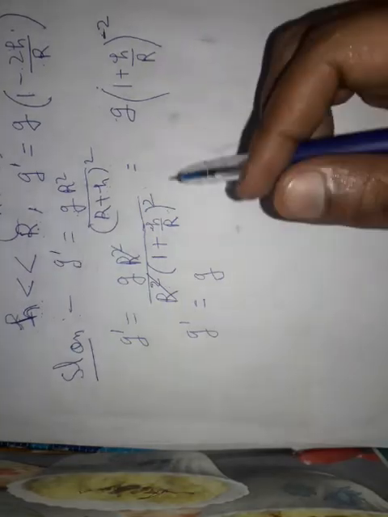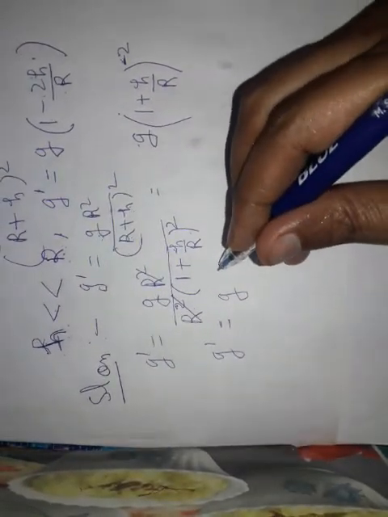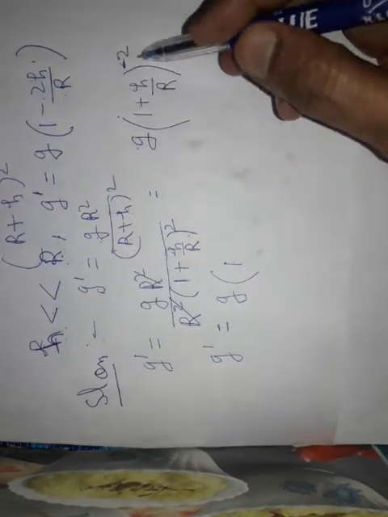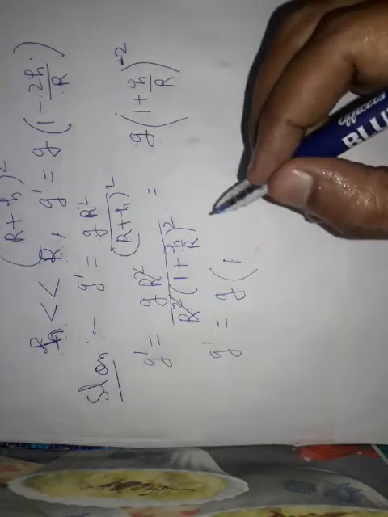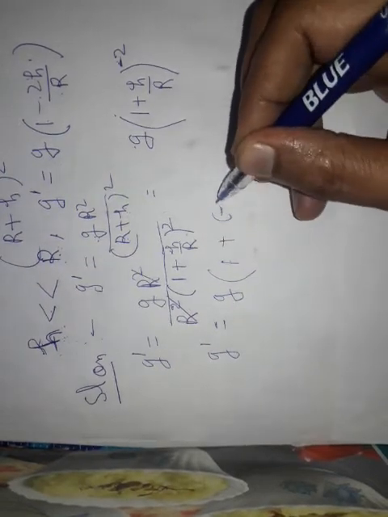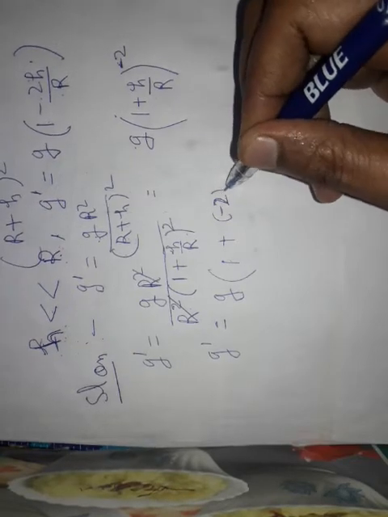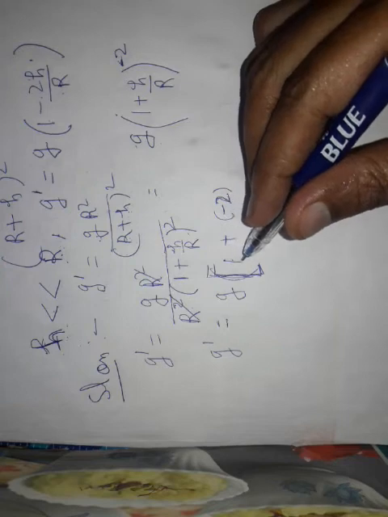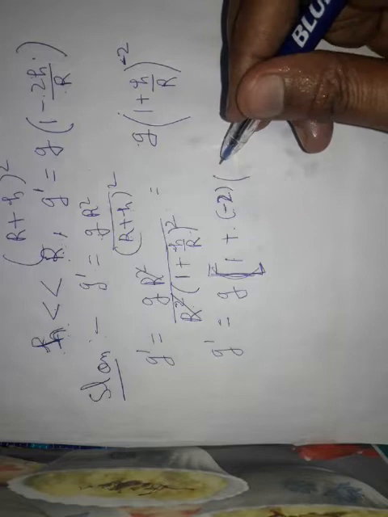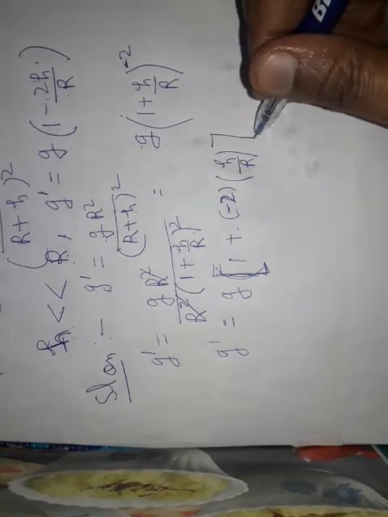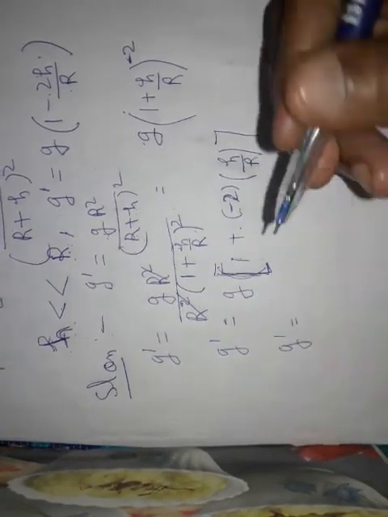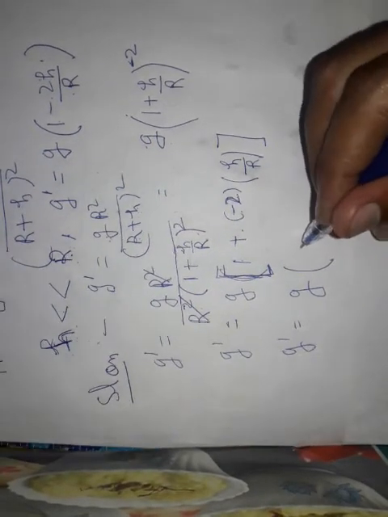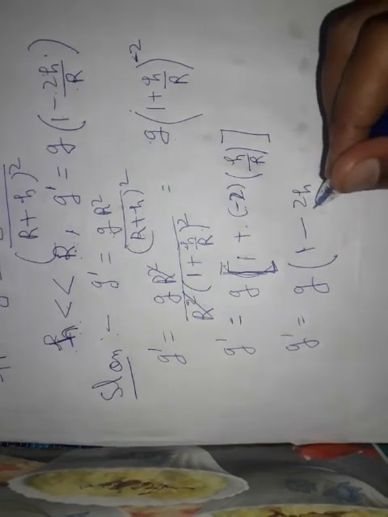So we can write g dash equal to g bracket 1 plus, in square bracket, power times the second term h upon R, square bracket close, and g dash equal to g bracket 1 minus 2h upon R. This is the proof.